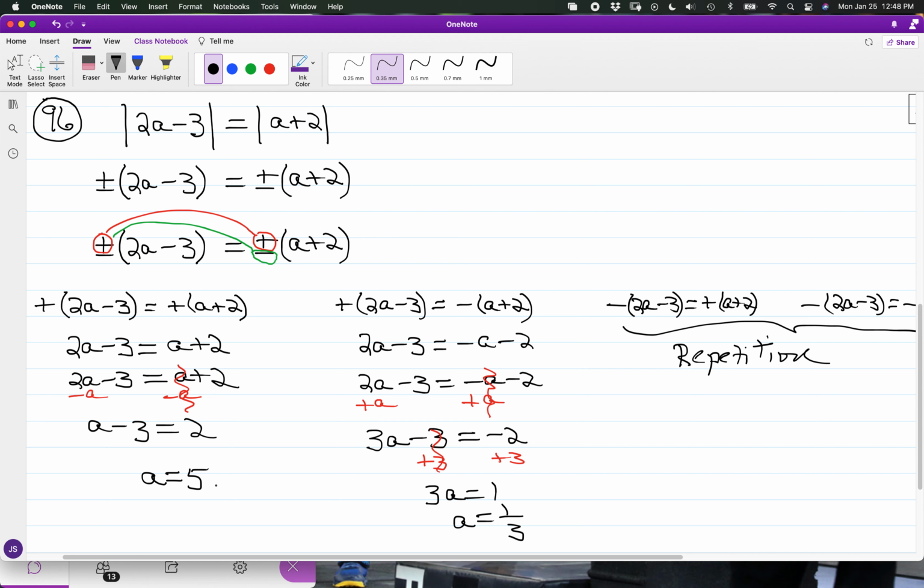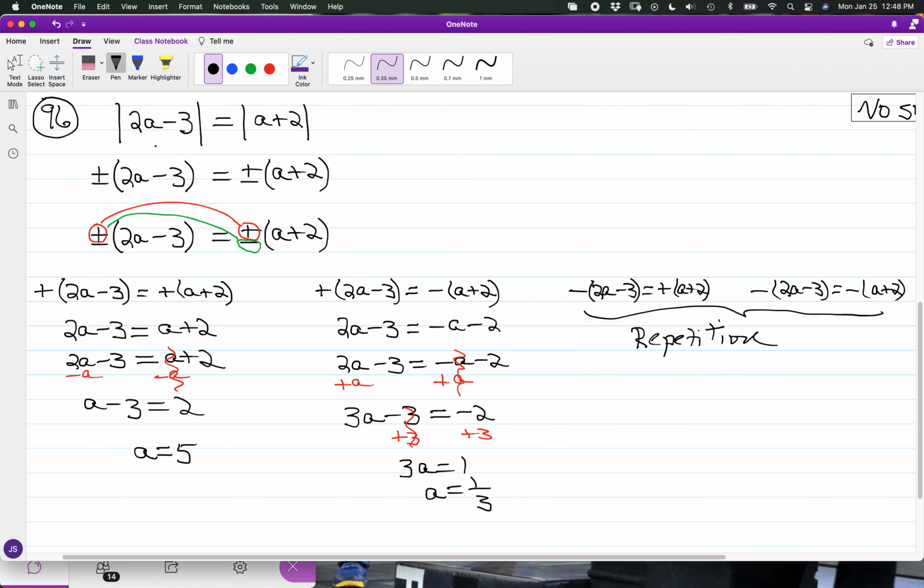So 5 checks out. Now for 1/3, okay, 1/3 plus 2. Think of 1/3 plus 6/3 makes 7/3. Absolute value of 7/3 remains 7/3. Now for the left hand side, you have 2 times 1/3 is 2/3. And I'm taking away 3. Think of 3 as a fraction, 3 over 1, which is going to be 9 over 3.